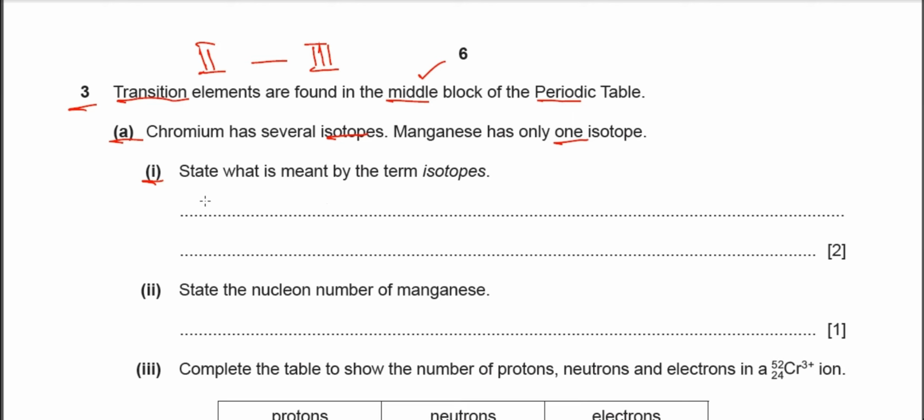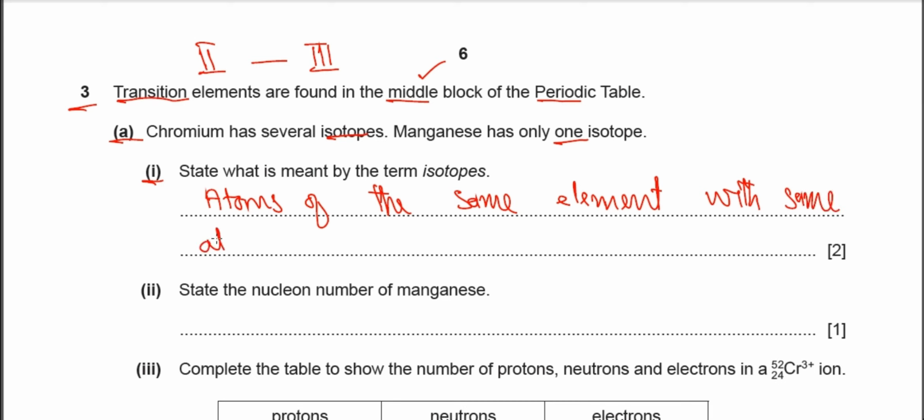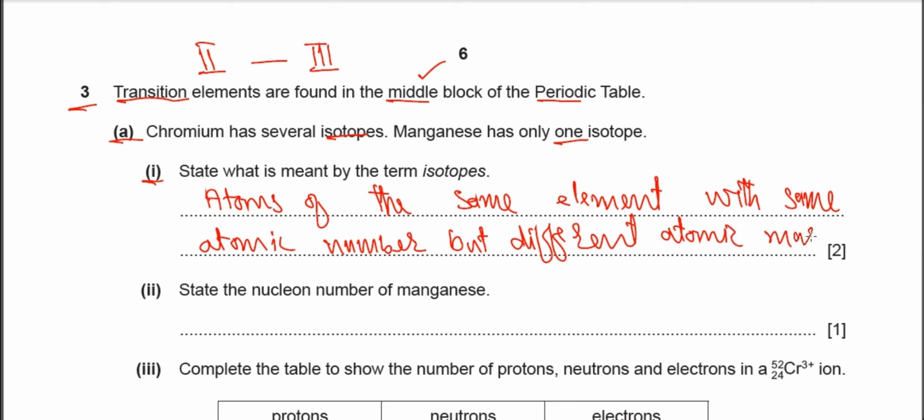The shortest is: atoms of the same element with the same atomic number but different atomic mass are the isotopes.